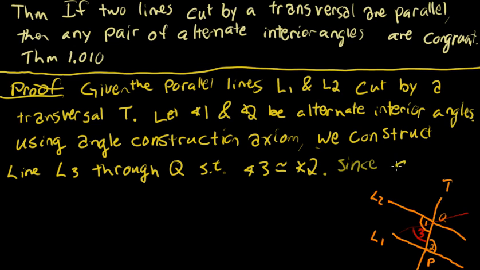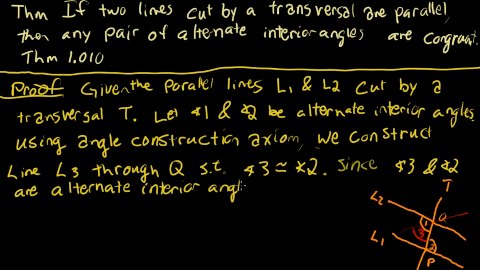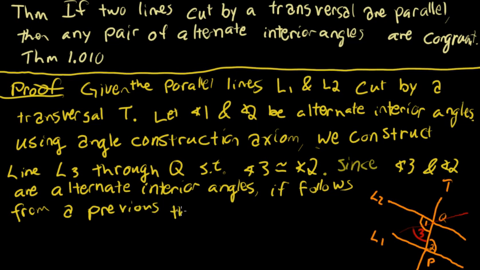And we'll say since angle 3 and angle 2 are alternate interior angles, it follows from a previous theorem that L sub 3 is parallel to L sub 1.